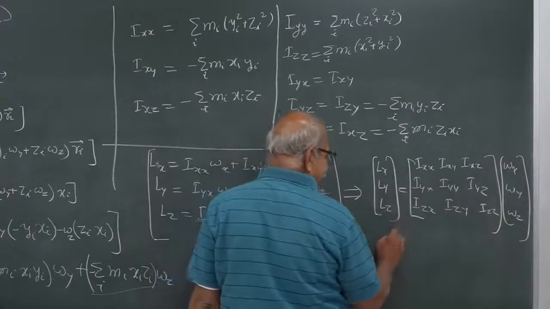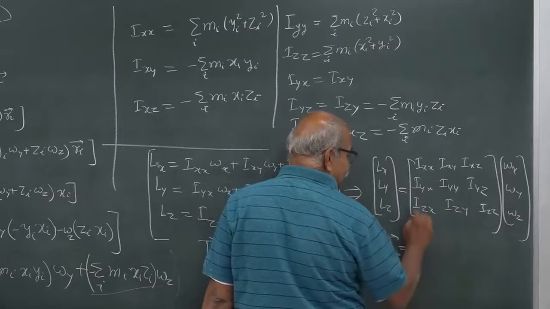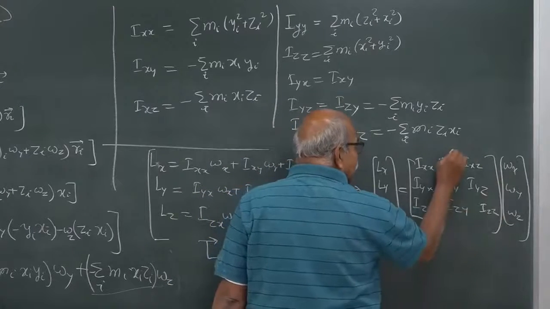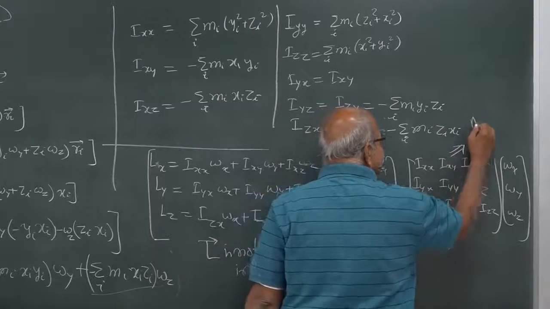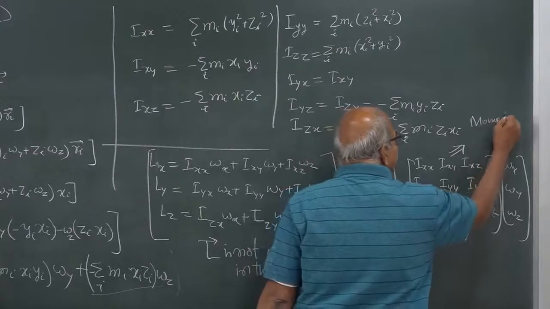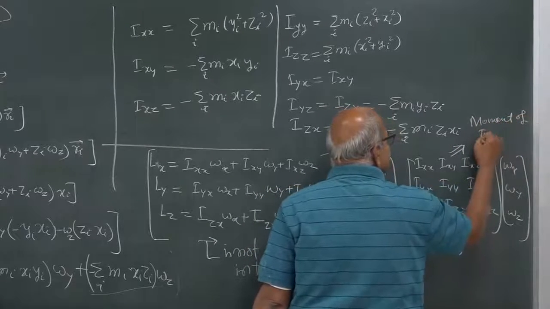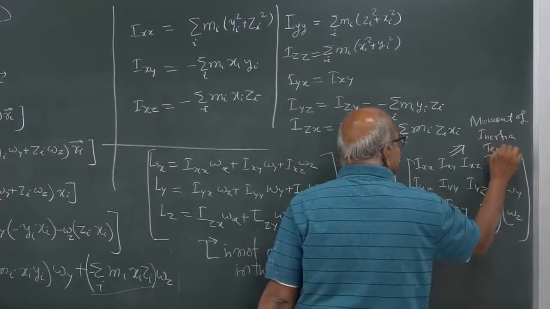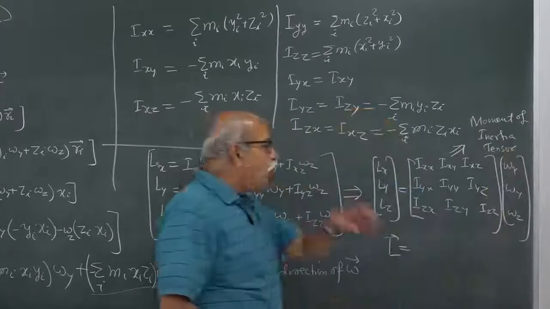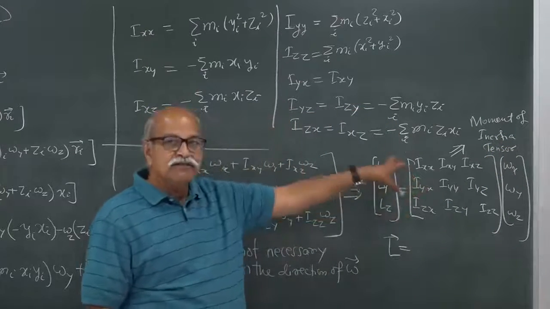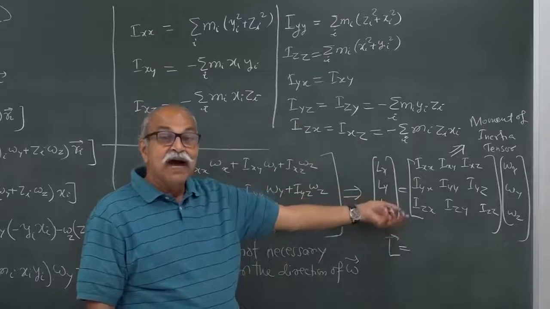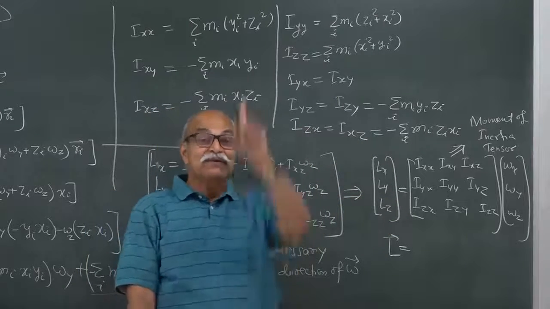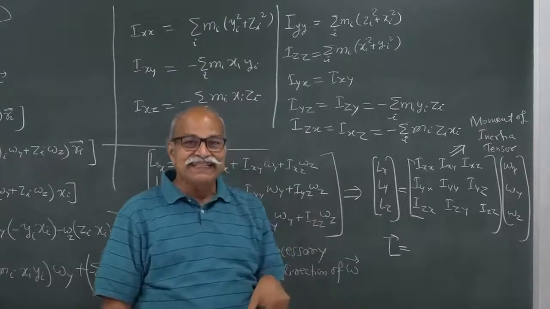This whole thing is called the moment of inertia tensor. This is the moment of inertia of the rigid body about the origin, not about a line, about the origin.